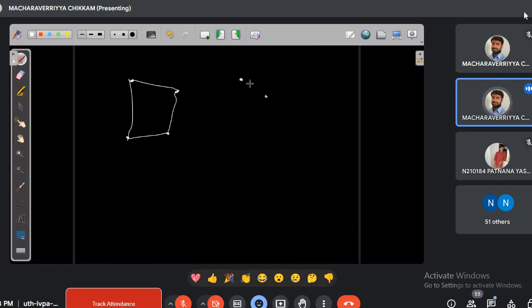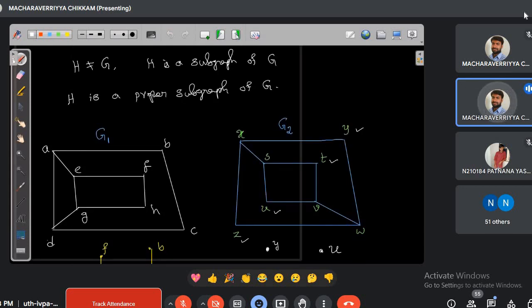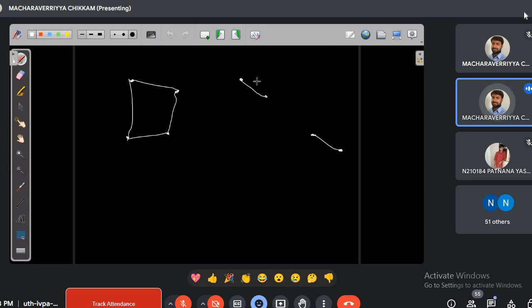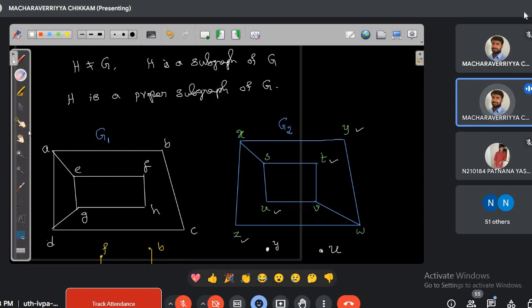I mean, you'll find a line here and a line here. That's it. Okay, in G1 you'll get a closed box, whereas in G2 it's not. All right. So I hope you understand what are subgraphs.